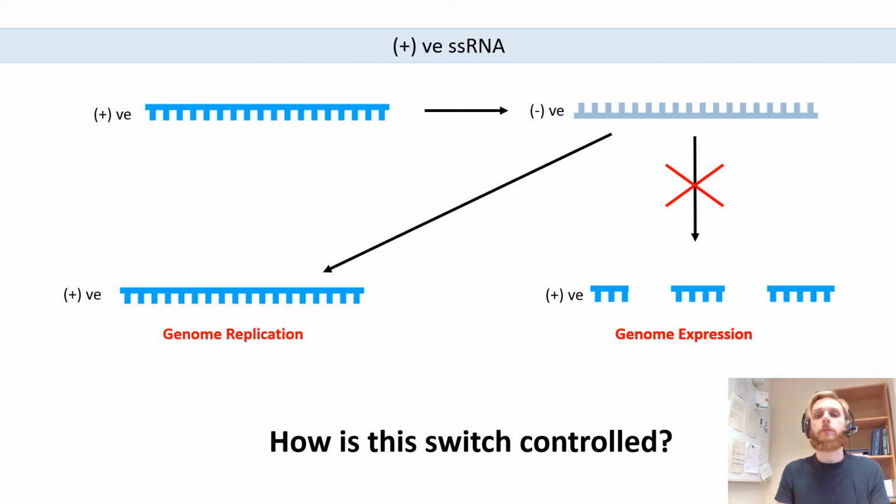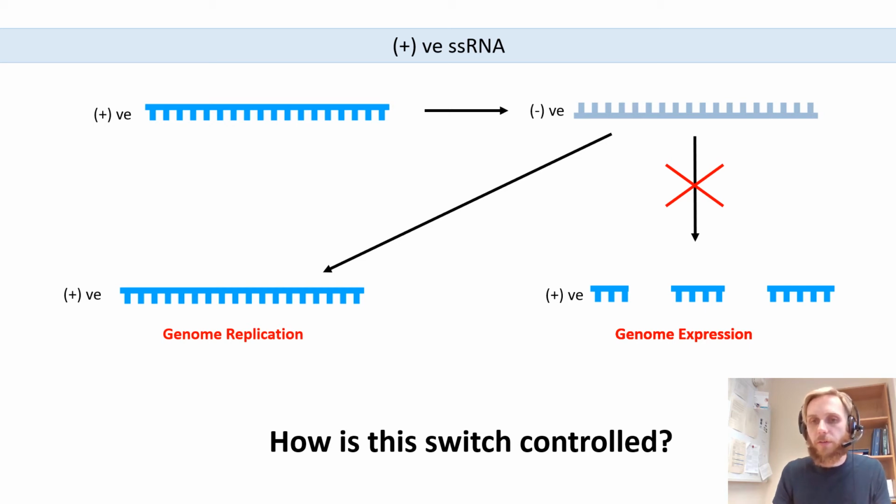The question now becomes, how is this switch controlled? So I've told you a lot of positive sense single-stranded RNA viruses will start off expressing their genome, but then will switch to genome replication. How is this switch controlled?